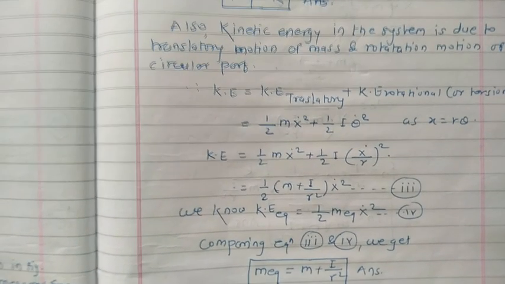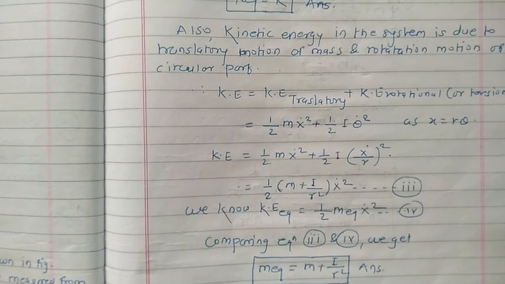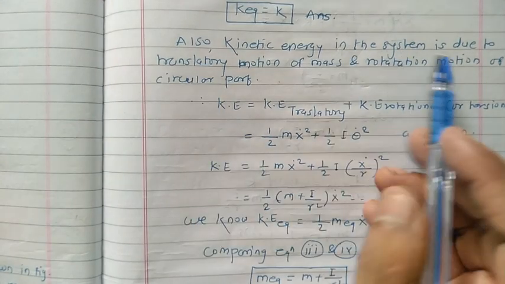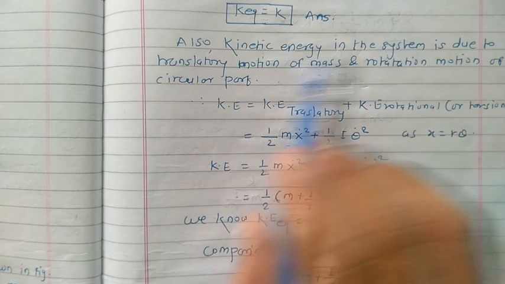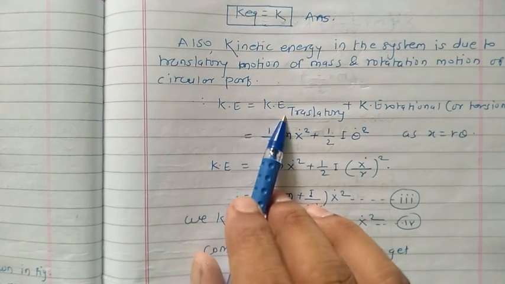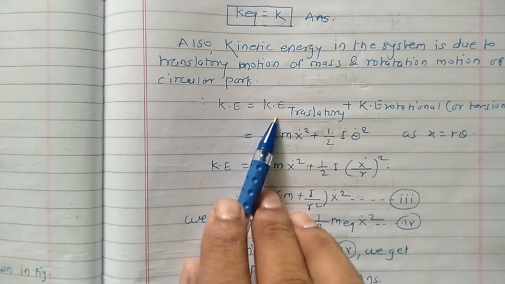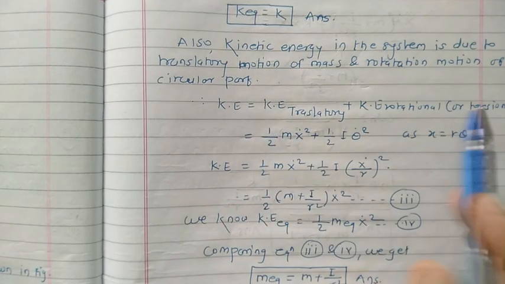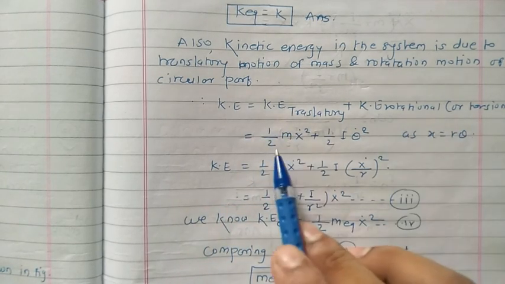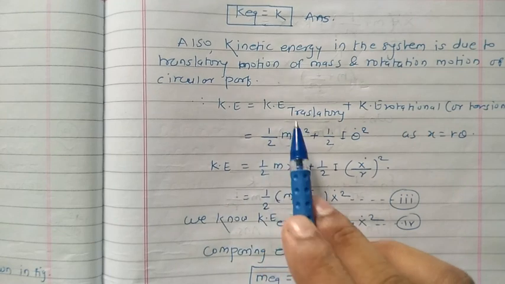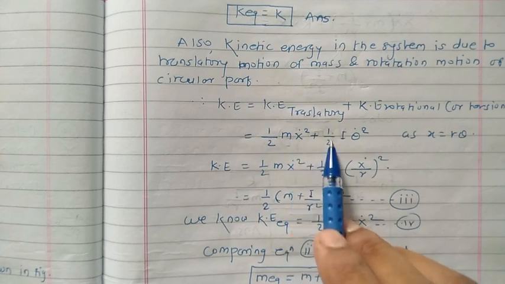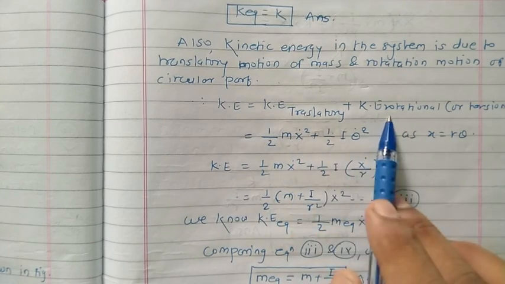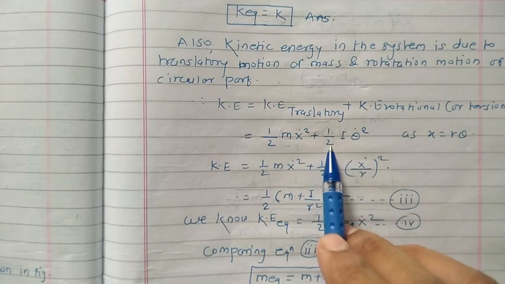So here, the kinetic energy in the system due to translatory motion of the mass and rotational motion of the circular part is nothing but the addition of kinetic energy during the translatory motion and during the rotational or torsional motion. So what about the kinetic energy during the translatory motion? 1/2 mass multiplied by its velocity square. Similarly here, in case of rotational motion, you have to consider the mass moment of inertia of the given circular part.